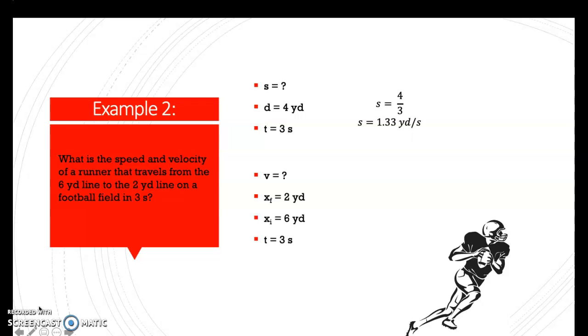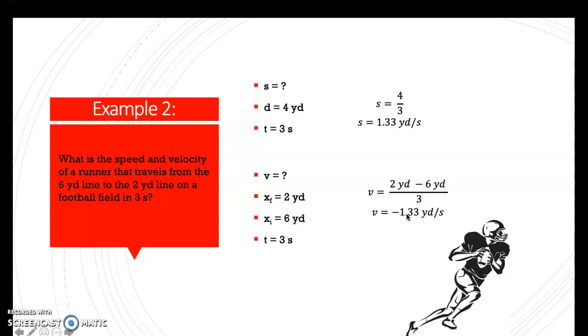Okay, now let's look at the velocity, which is going to be different from speed this time because of the directionality of this movement. Velocity is what I'm trying to solve for. The 6-yard line is my starting position, so my xi. The 2-yard line is my final position, so my xf. And my time is 3 seconds. So when I substitute that into my equation, I'm going to end up with velocity equals xf, which is 2 yards, minus xi, which is 6 yards, divided by 3.